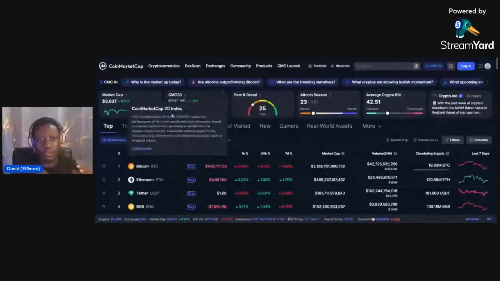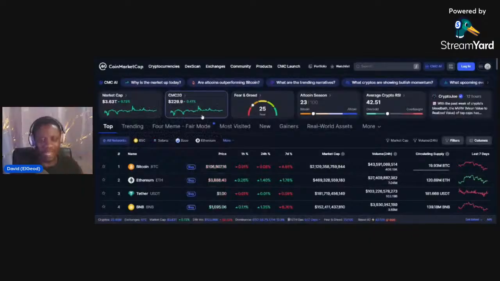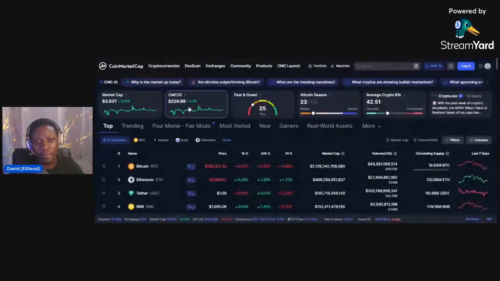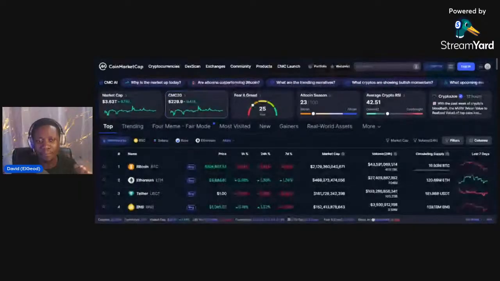These are the top 20 performing cryptocurrencies index by CoinMarketCap's standard, which gives an holistic insight into the broader crypto market. When you see the CMC 20, it's just like the S&P 500, and the pricing you're seeing there is the average weighted price of those top 20 performing cryptocurrencies. So it's important information, right? Seeing this lets you know how the leading cryptocurrencies are performing amid the baskets of cryptocurrencies we have.